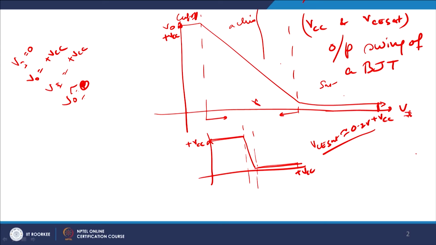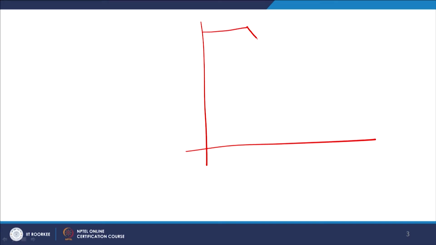We will define some important terms here, which will make it much easier for you to understand. Let us suppose I have a curve like this. We draw this curve, remember VBE on, and then we get this. We define this to be VOH.